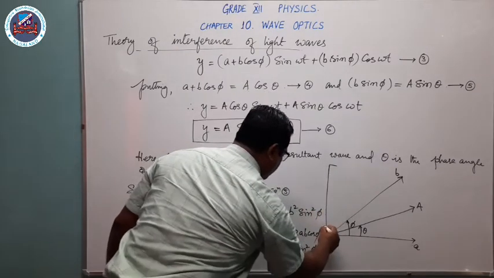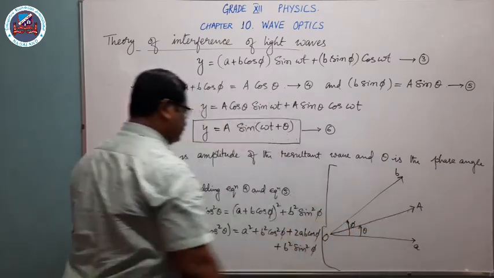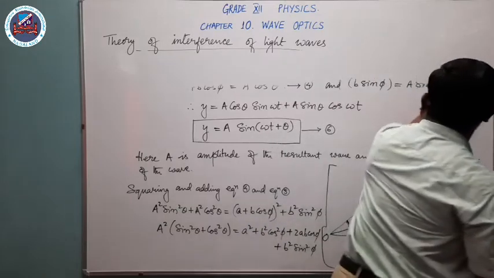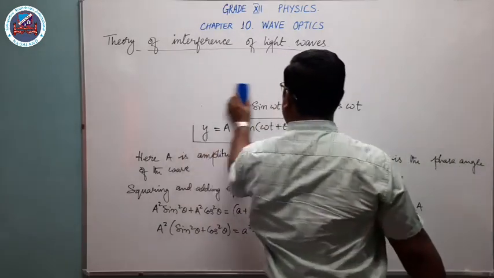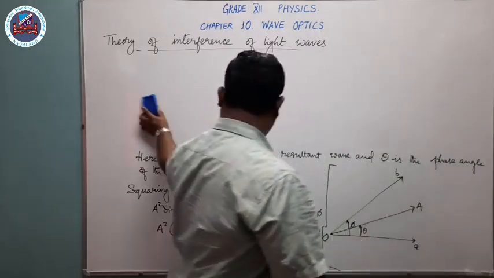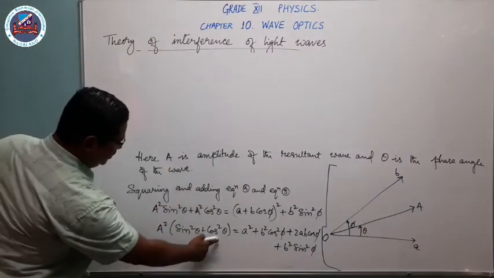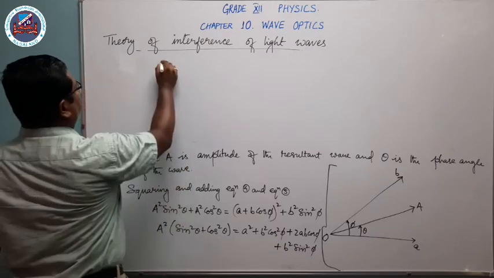Don't get mixed up with the diagram. Diagram is this way. Now a square, this is using identity to be 1.